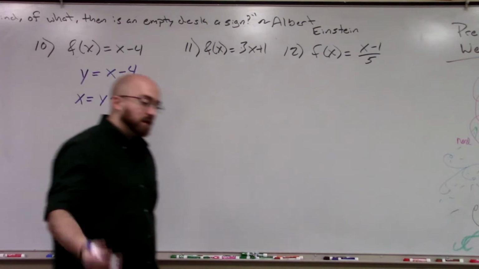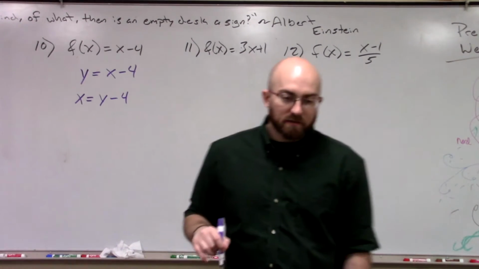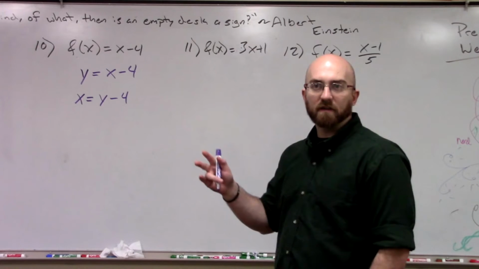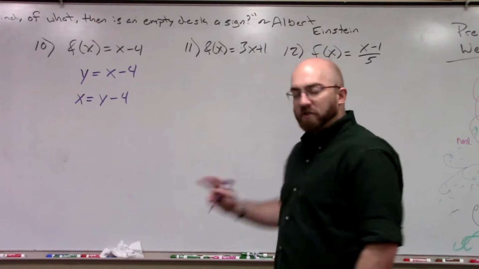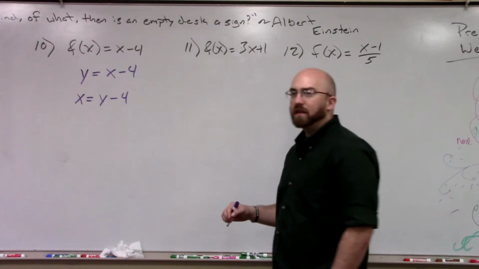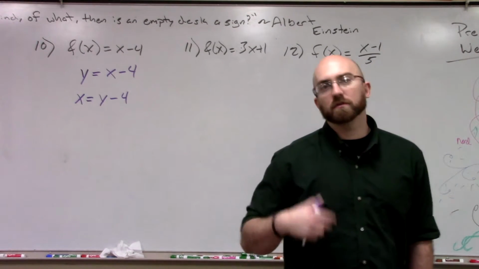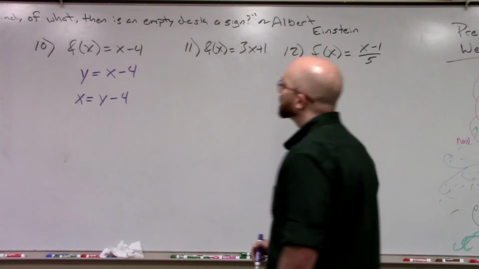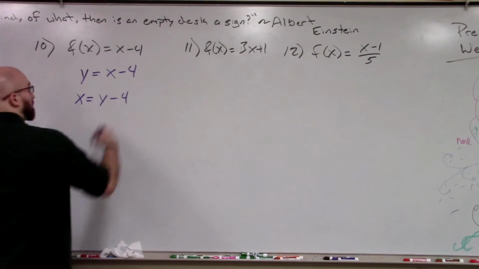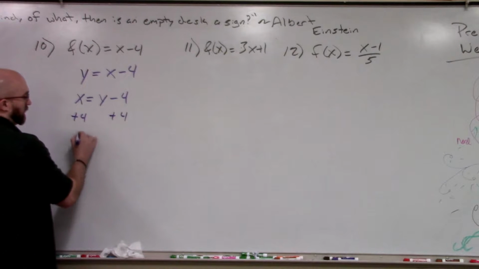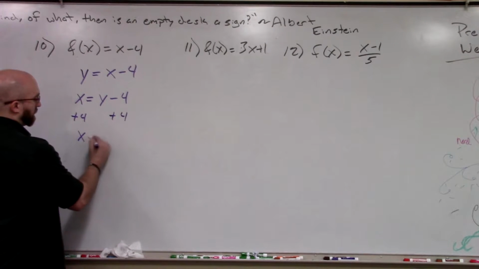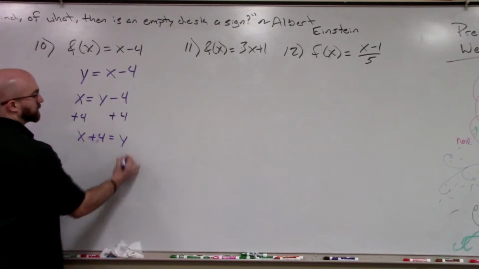If you're taking notes and you're watching this, make sure you switch the f of x right on the side of it while we're doing that, and then interchange the x and y, and then solve for y. So those are the notes you need to have next to these things. All you need to do to solve for y, you move the 4 over, so we're going to add the 4 to both sides. We get x plus 4 equals y.